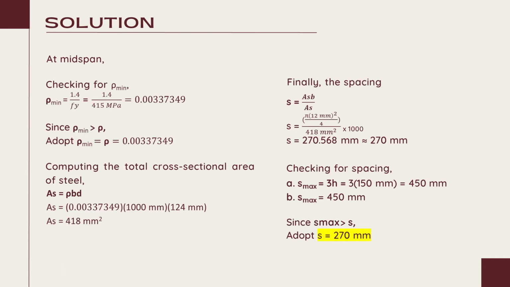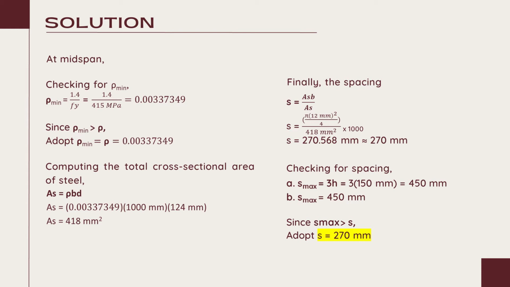The computed reinforcement ratio should not be less than the minimum reinforcement ratio, so checking for it is necessary. Minimum reinforcement ratio is equal to 1.4 divided by yield strength of steel bars, specifically main bars. Then the computed value is 0.00337349.